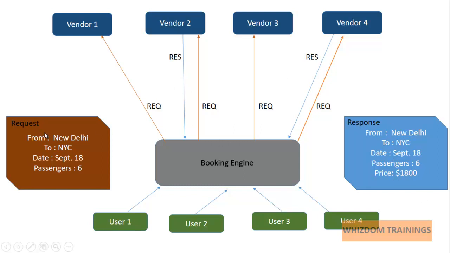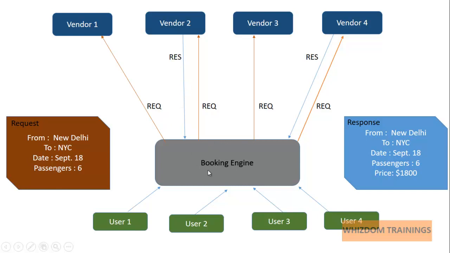In the response, we have all the information that has been requested, with the price. This whole scenario where two websites are able to communicate is possible due to these web services or the underlying APIs.